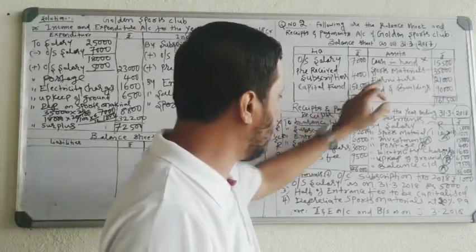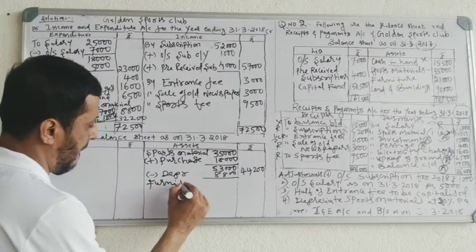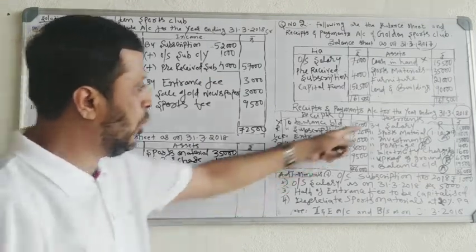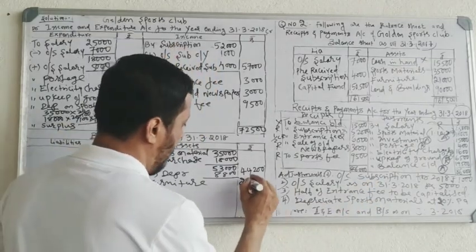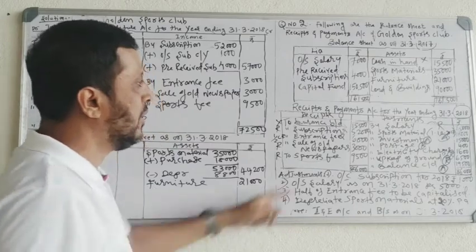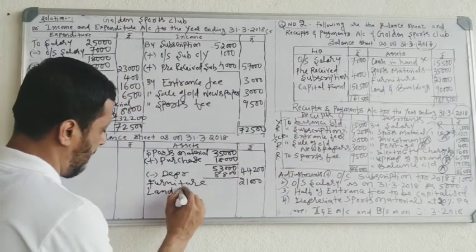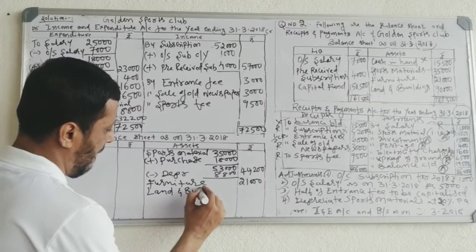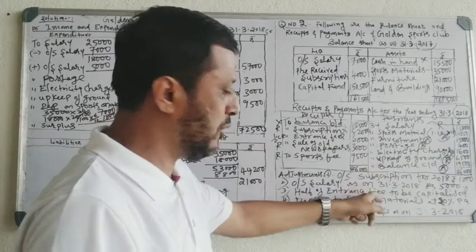Next is furniture. There is no purchase of furniture. There is no depreciation. Take it as it is, 21,000. Next, land and building. Land and building also, there is no purchase, no depreciation.